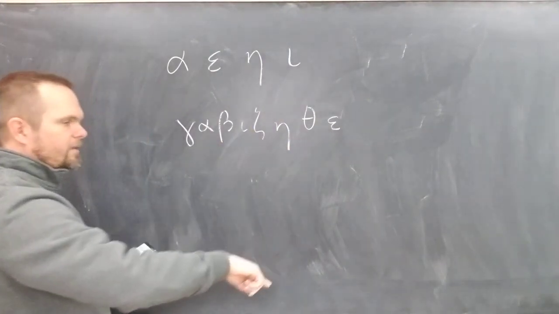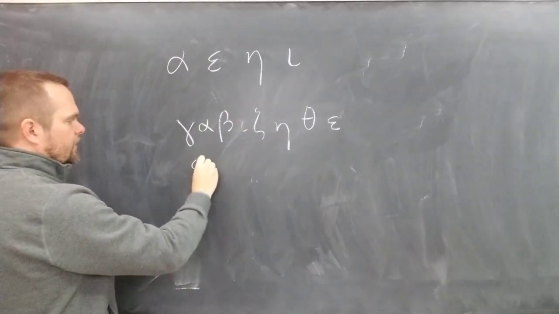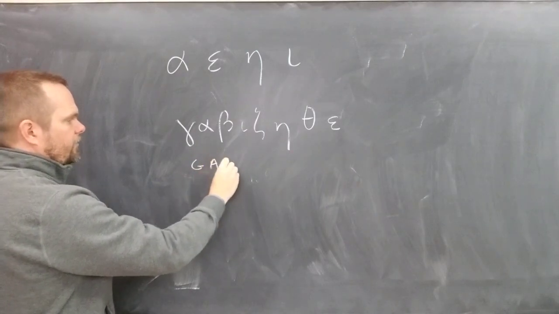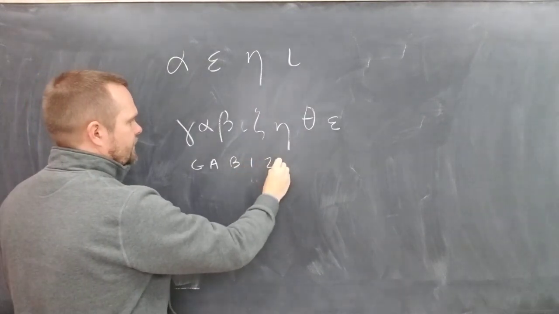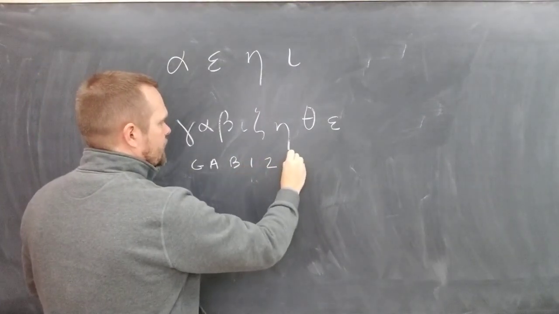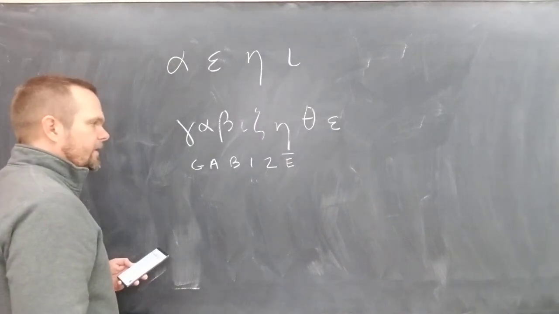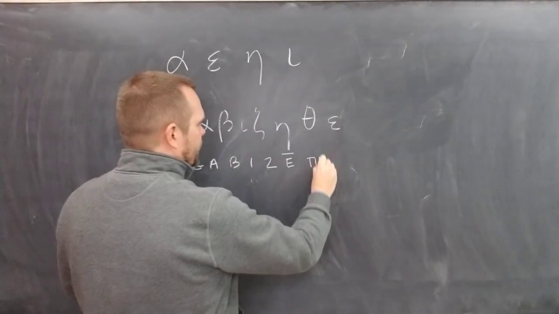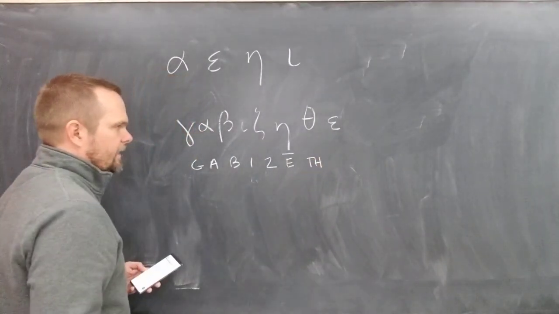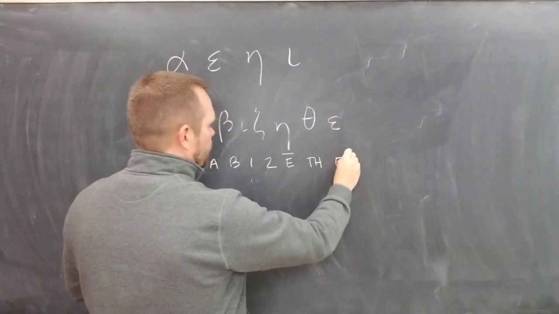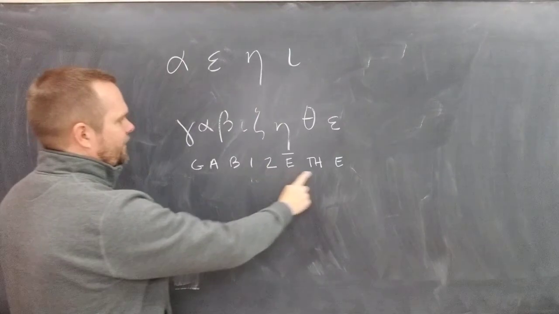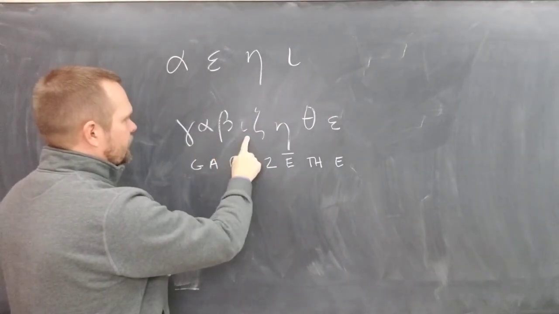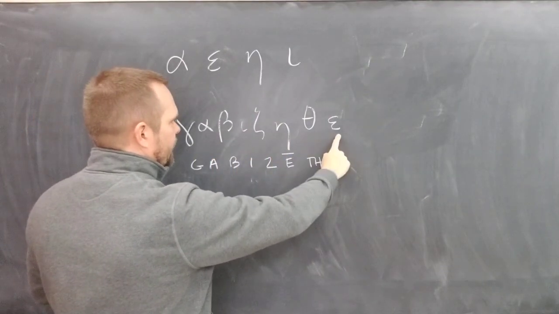We can use transliteration and write this as gamma, alpha, beta, iota, zeta, eta we write as a long E, theta we write as the digraph TH, and then epsilon as a simple E. Ga, bi, ze, the. Ga, bi, ze, the.